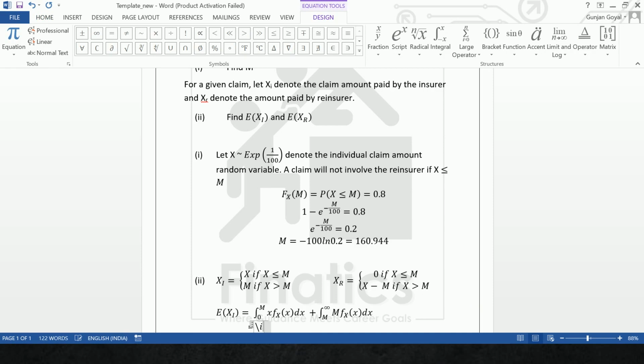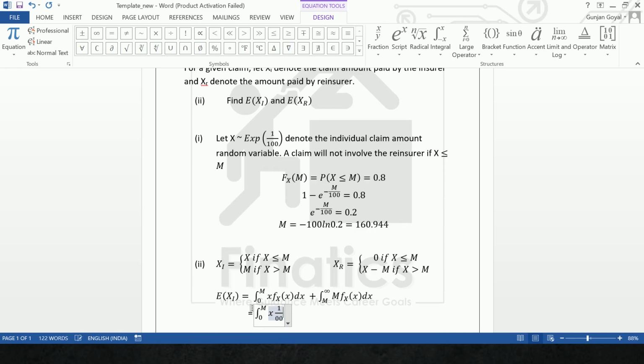So the integral from 0 to M of x times 1 by 100 e to the power minus x by 100 dx, plus M to infinity, which now becomes M times the probability X greater than M. We know this, it is easier.